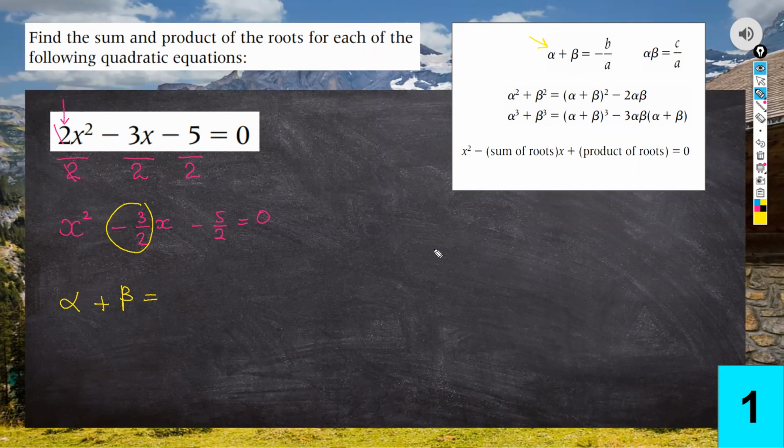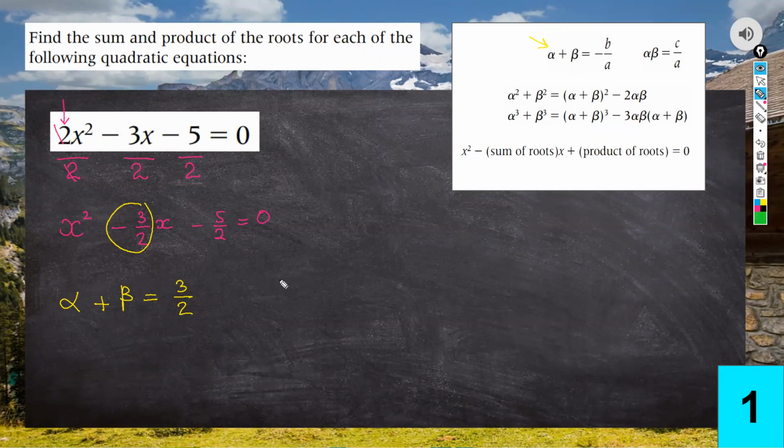Do you all remember that from the videos? I said whoever is touching the x for alpha plus beta, I said it over and over, it's always the opposite. So it's supposed to be positive 3 on 2. At least half the submissions, people left the minus sign by mistake. So the answer for the sum is 3 on 2.